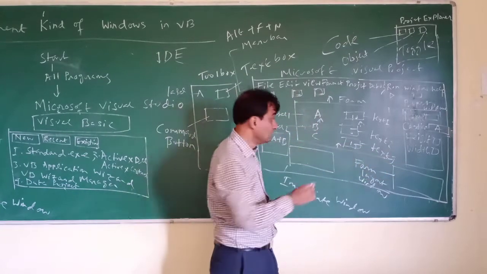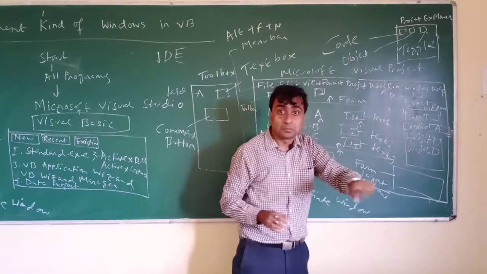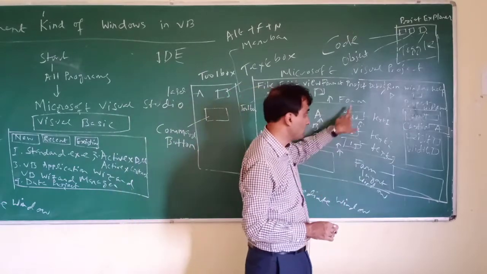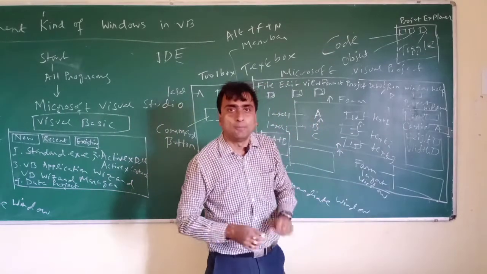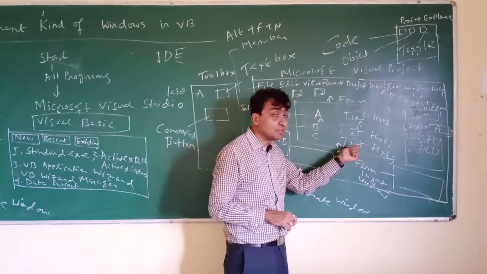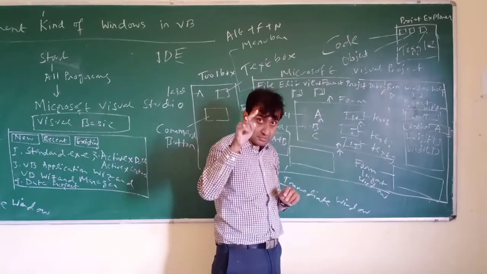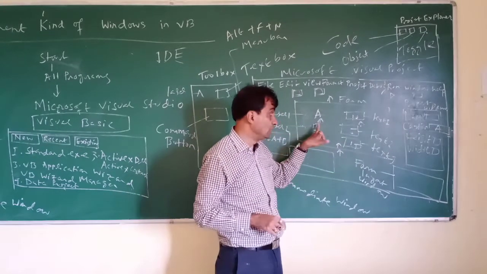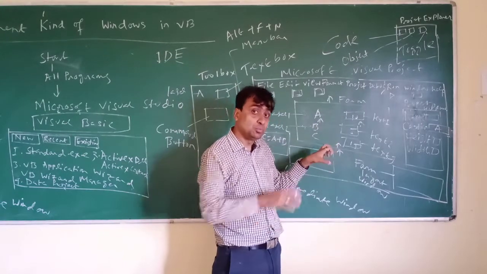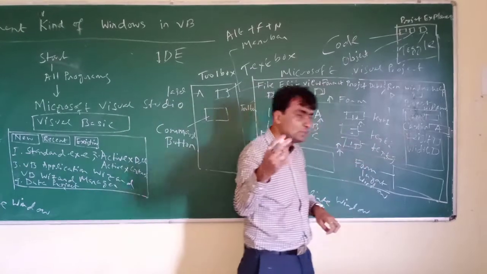This is very important. If the mouse cursor is here, the property window belongs to the form. So for different objects the property window will be displayed, but it depends upon the mouse cursor pointing. Based on which object is pointed, the property window will be displayed.